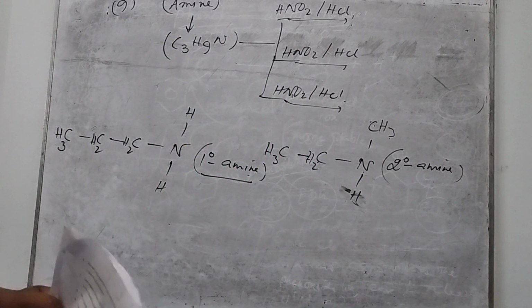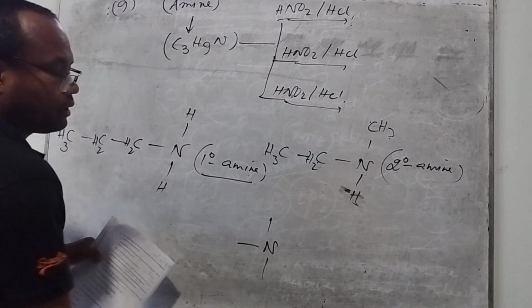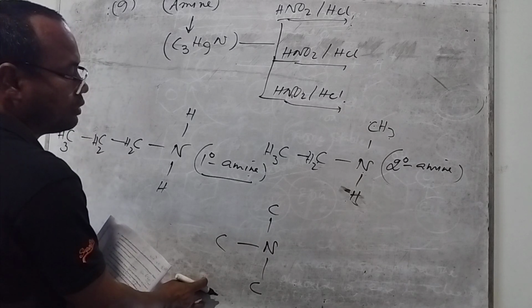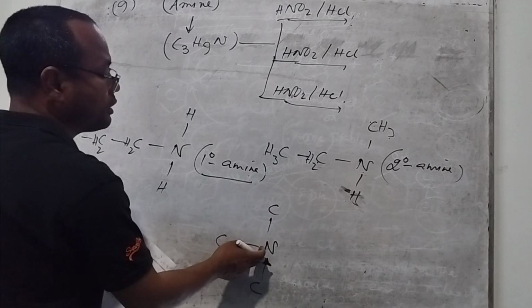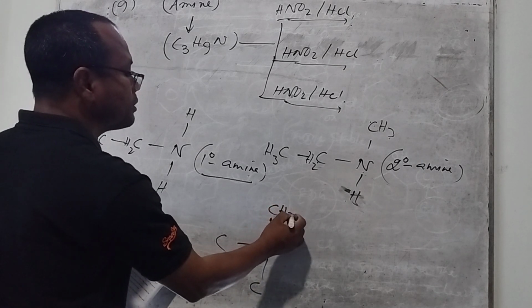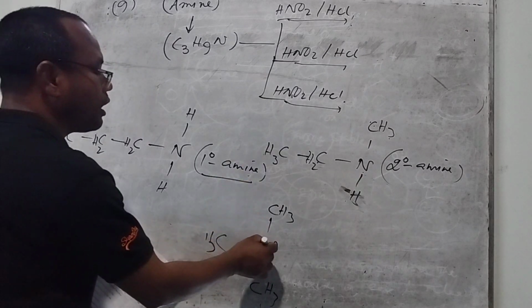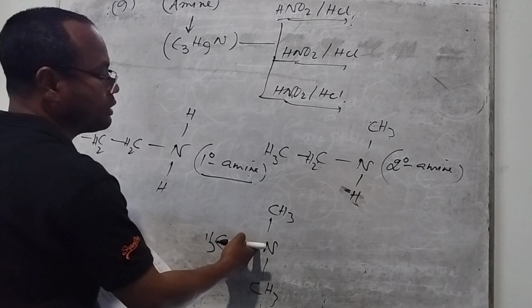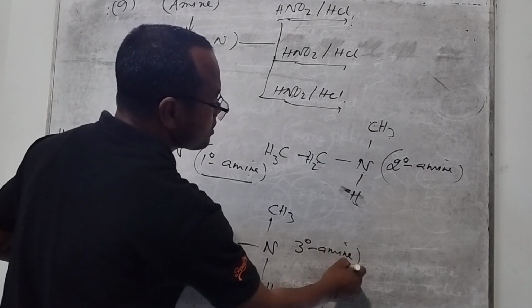Number 3: the remaining 3 bonds of the nitrogen are bonded with 3 carbons, so no more hydrogen on nitrogen. The nitrogen bonded directly with 3 carbons is the type of amine we call a tertiary amine.